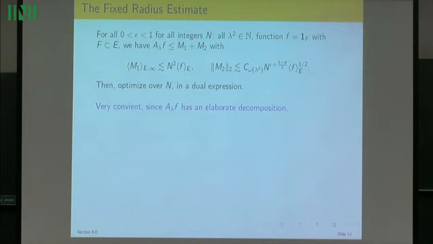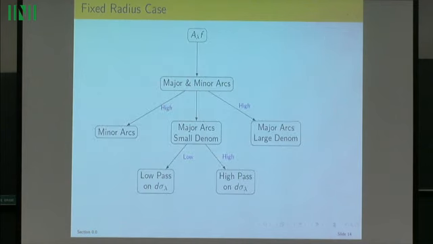That's all. So this is a sort of cartoon of the decomposition. For A lambda, we're going to use the Hardy-Littlewood circle method to decompose into major and minor arcs. I don't expect that you know what those terms mean. It's part of the beauty of the subject, and makes it extremely interesting because it's inherently multi-scale.